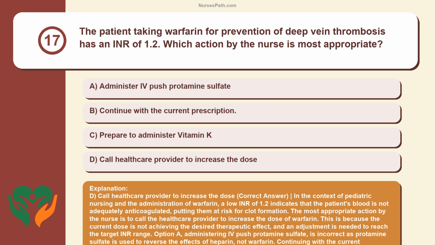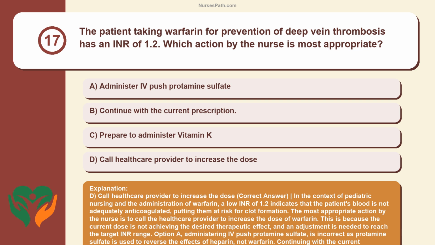This is because the current dose is not achieving the desired therapeutic effect, and an adjustment is needed to reach the target INR range. Option A, administering IV push protamine sulfate, is incorrect as protamine sulfate is used to reverse the effects of heparin, not warfarin.